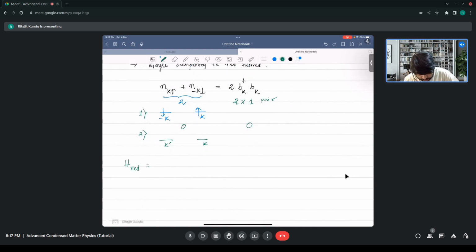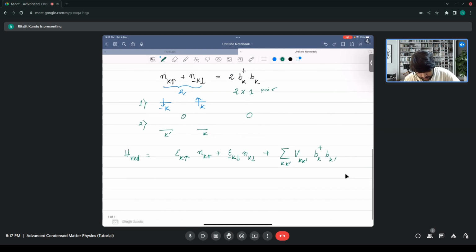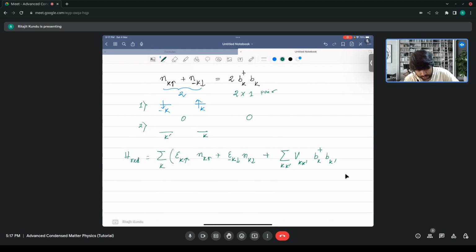In the H reduced, I have something like this: Ek up Nk plus E minus k down N minus k down, and there is this interaction term. There is a summation over k for the first two terms.